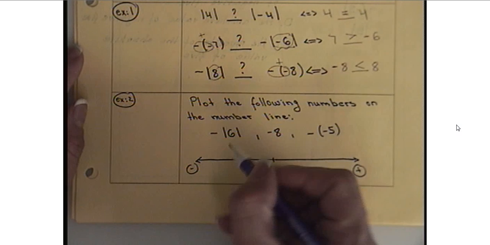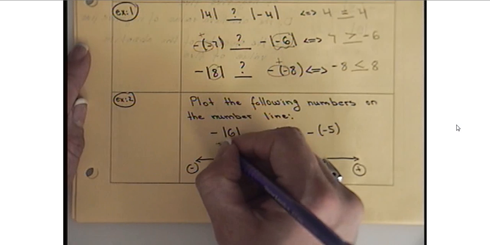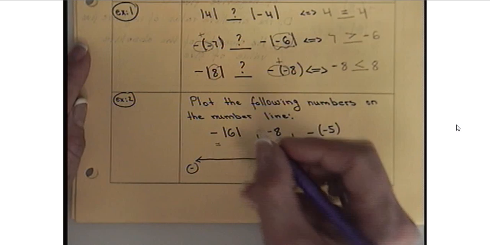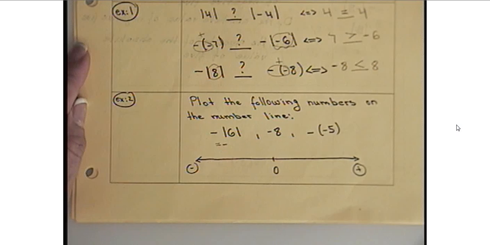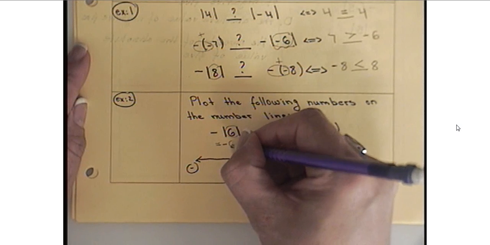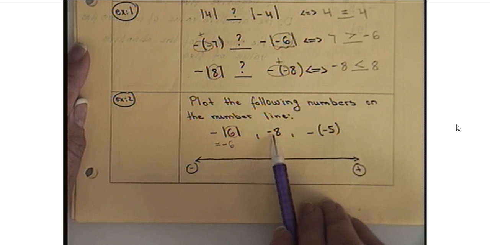If I have negative of the absolute value of 6, the negative sign is outside of the absolute value, so I would just put negative here, and the absolute value of 6 is 6, so this will be equal to -6. Right here, nothing to work with, -8 is just -8.